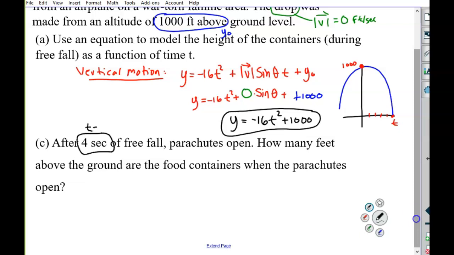All that's telling us is time equals 4. So we can figure out what that is by plugging 4 in, simplifying it, and that will be the height off of the ground after 4 seconds have occurred.